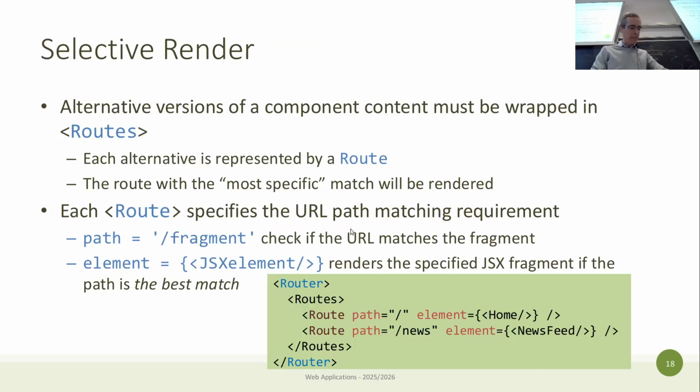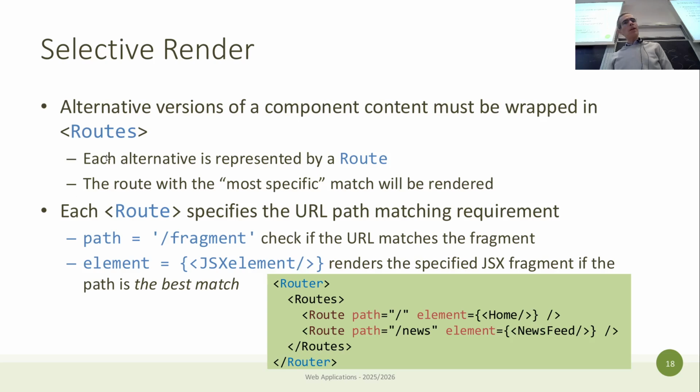And then we need to define some routes. So we need to understand how the Routes with the S and the Route without the S work. Routes with the S is the wrapper component for all the Route without the S. And each route can define a path, that means the URL, and something to render.